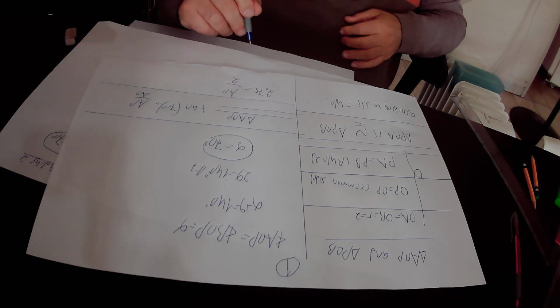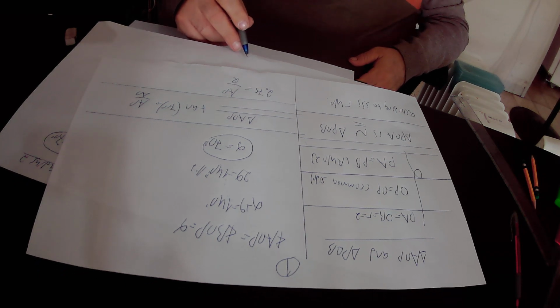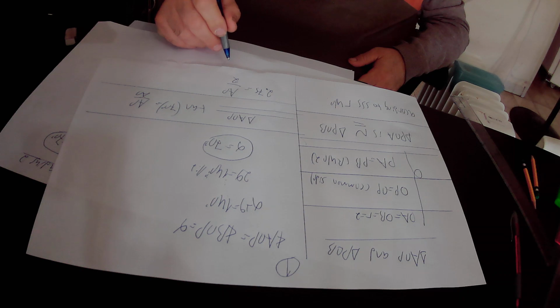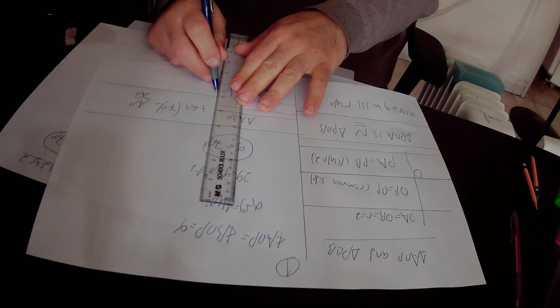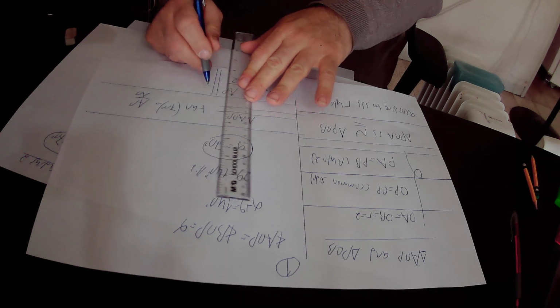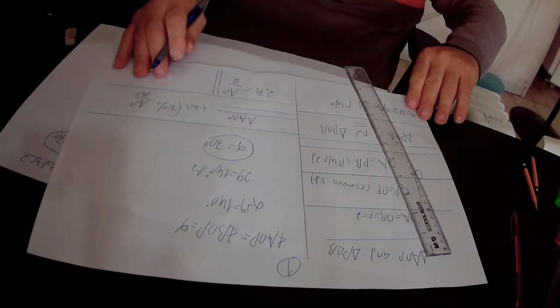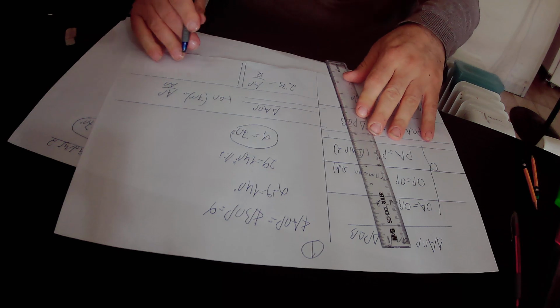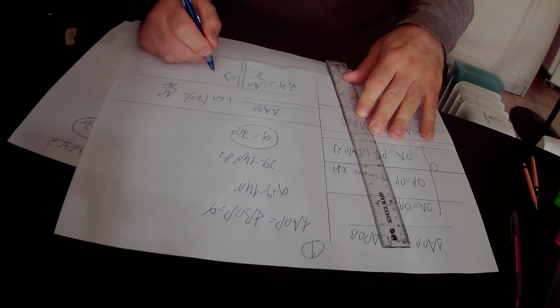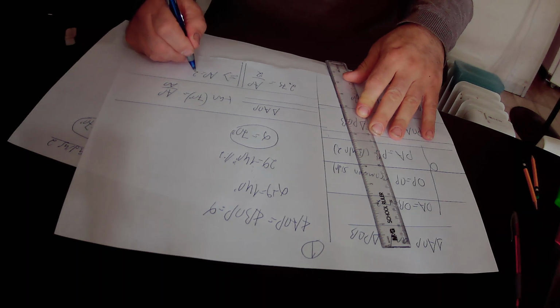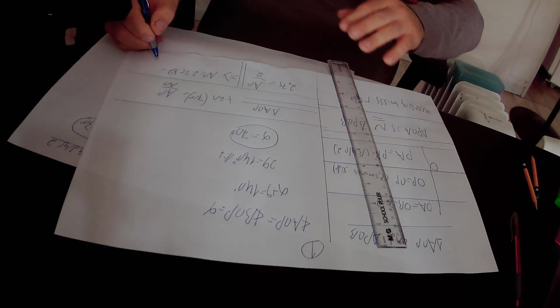So in conclusion, we found out that 2.75 equals AP over 2. Here we multiply this equation by 2, and we get that AP equals 2.75 times 2. It's actually 5.5.